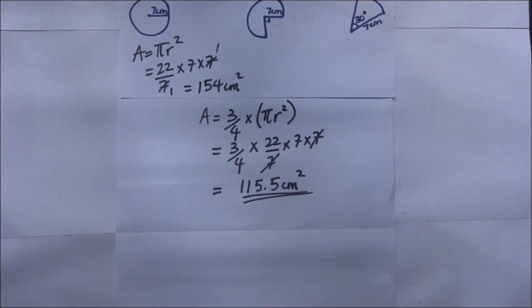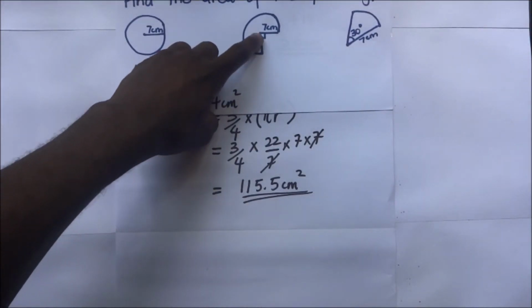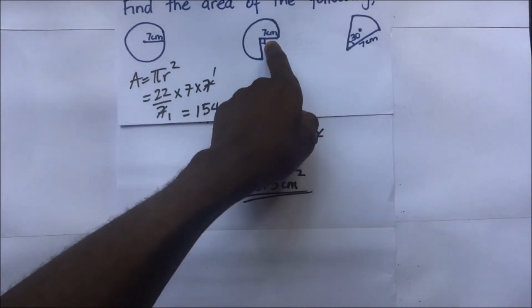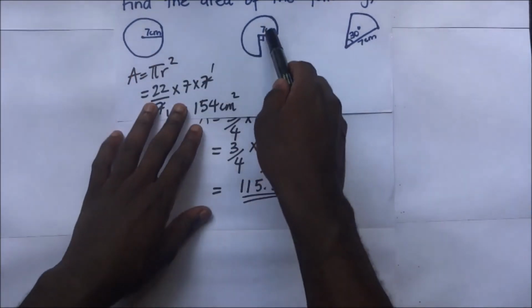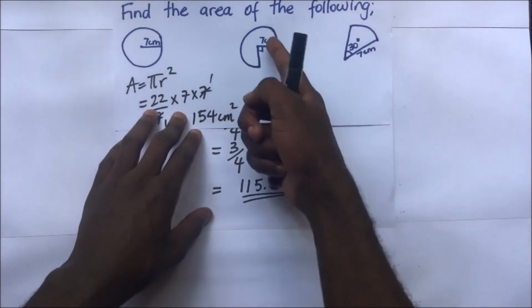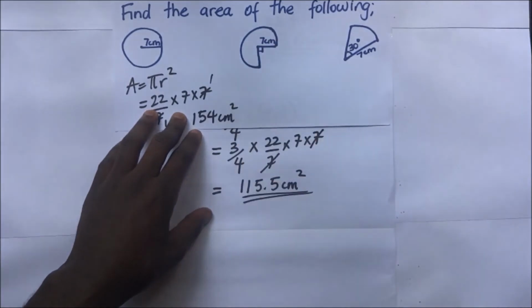Now sometimes we are able to know that this is a quarter because, remember, all angles at a point are equivalent to 360 degrees, and if we are having 90 degrees here, it means that the rest of this whole bit is 270, because 360 minus this 90 degrees is giving us 270 as the other part of the circle.